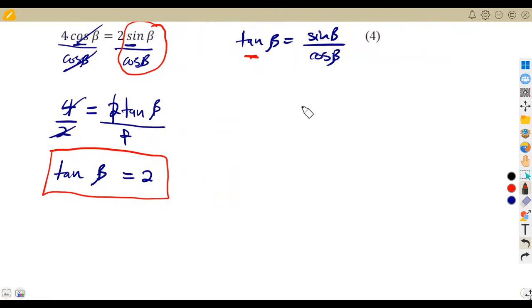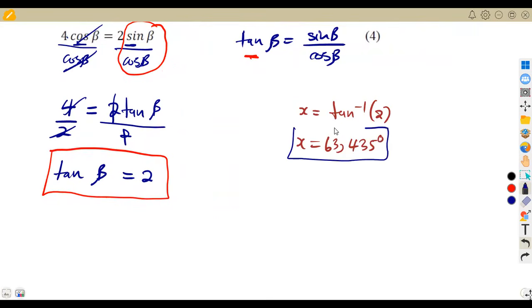We are going back to the concept of the reference angle, whereby x is going to be arctan of this number as a positive. On your calculator, you are going to obtain the reference angle of arctan of 2 as 63.435 degrees. So this is our reference angle in this case.